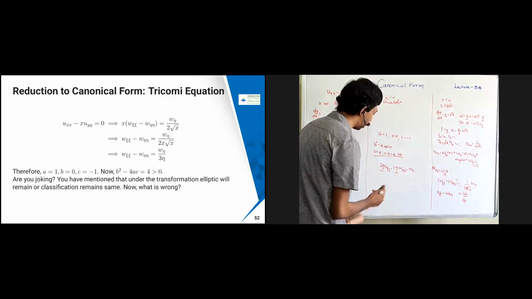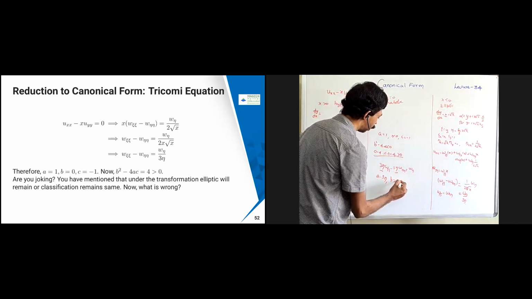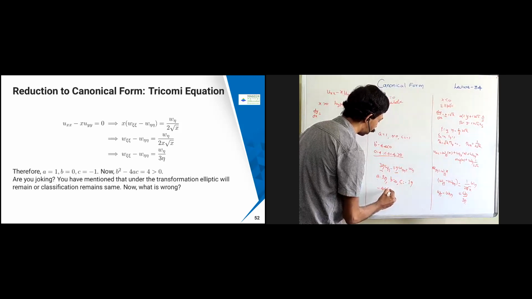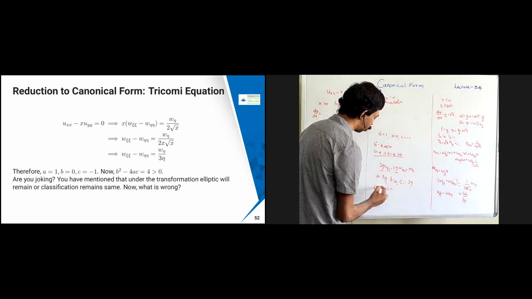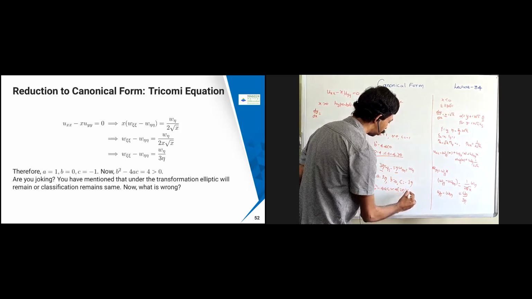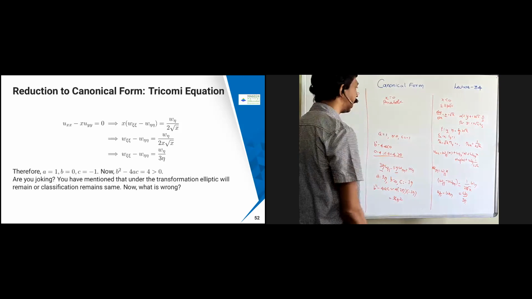So a is nothing but 3 eta. B is 0 here. C is nothing but minus 3 eta. Therefore, b square minus 4ac is going to become 0 minus 4 into 3 eta into minus 3 eta. Minus into minus is going to cancel, so 36 eta square is going to come. But what is eta?